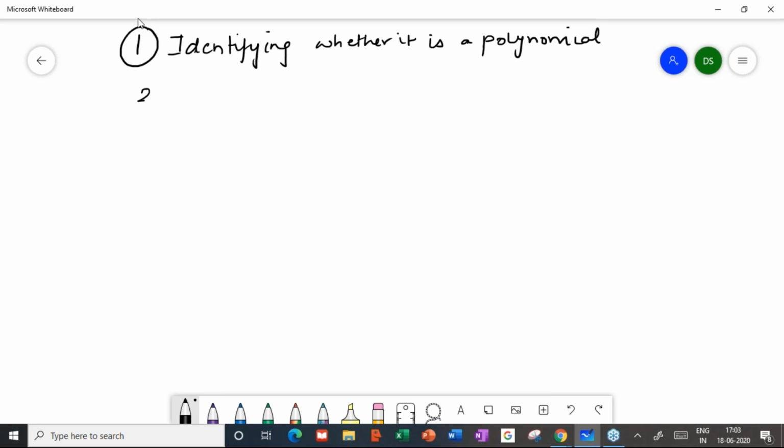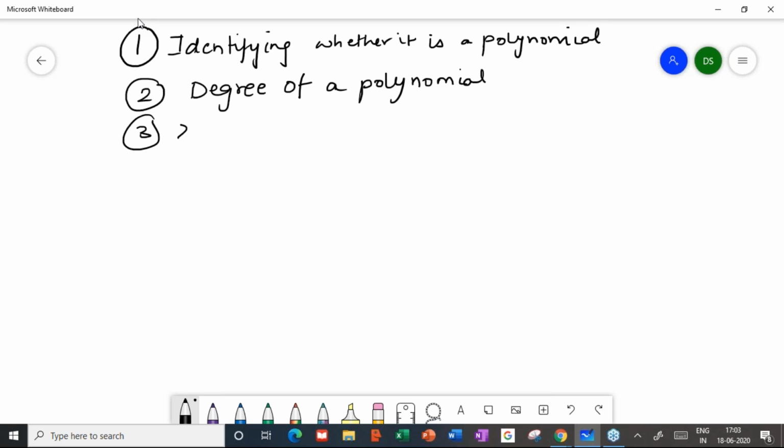Second one is degree. Third one is zero of a polynomial.